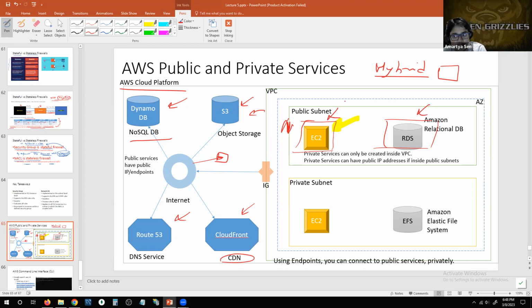But let's say I still want to take advantage of website hosting, such as a DNS service, or I want to distribute my images and videos, let's say, if I'm a content distributor, I don't want to store it, or facilitate the distribution of that from my organization, or wherever I'm hosting this private cloud, then I need to connect this private cloud to these public services that are provided as a service by Amazon, right?